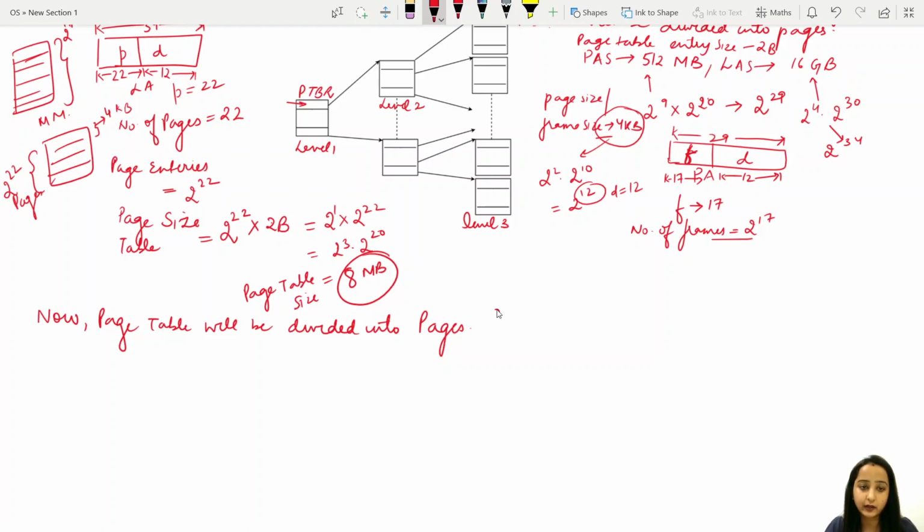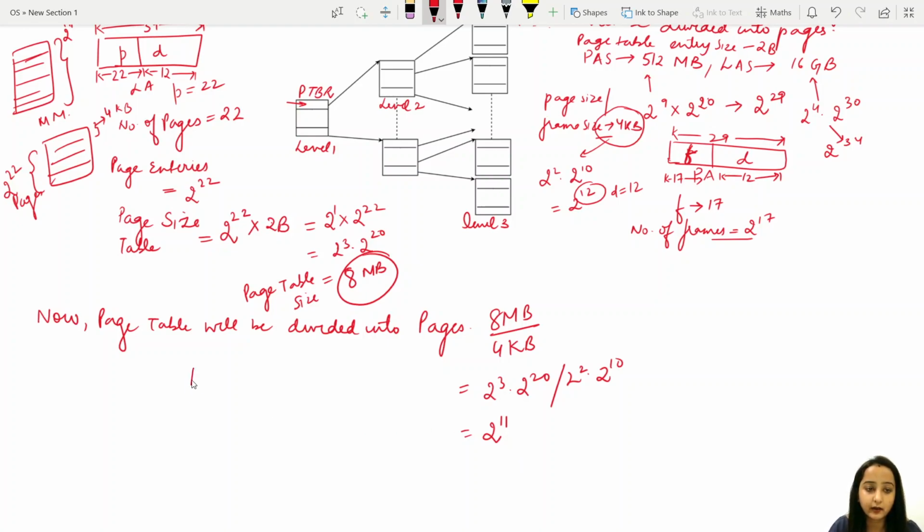Now I will divide 8 MB by 4 KB. It will be 2 raised to power 3 into 2 raised to power 20, divided by 2 raised to power 2 into 2 raised to power 10, because K is 10. So it comes out to be 2 raised to power 11.